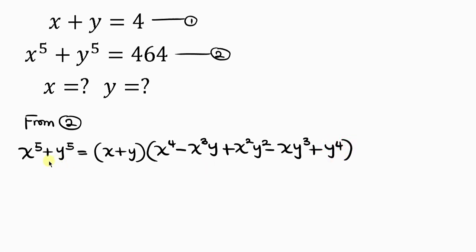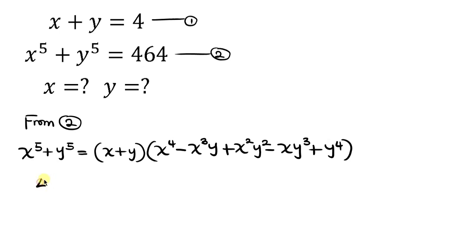So this is a property of x to the 5 plus y to the 5 that we're going to be using. Our next step will be for us to substitute. So x to the 5 plus y to the 5 is given to us to be 464.